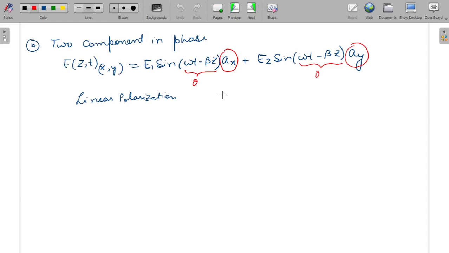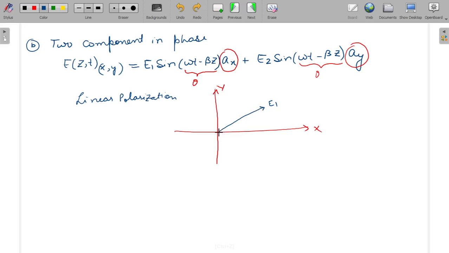In the previous case it can be represented like this. This is our x, y. Our electric field is represented as E1 sin(omega t minus beta z) ax. So this is our E1, and E2 is also in omega t minus beta z, so both are in the same direction.